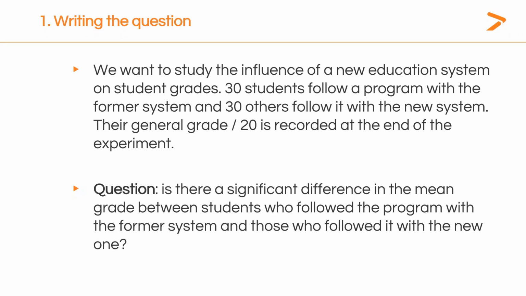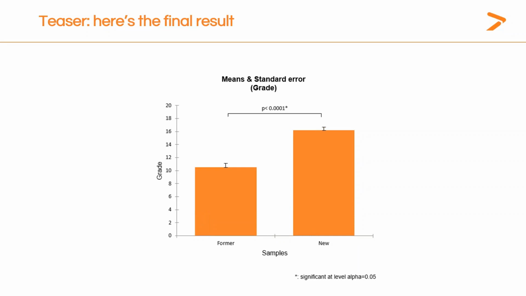So I will show you just a teaser of the result before developing each step aside. This chart represents the mean grade on the y-axis for each of the two systems, the former one and the new one. Here we see that the new one has a higher mean grade than the former one.